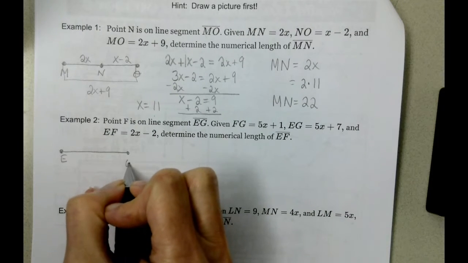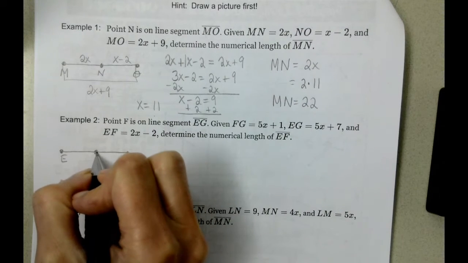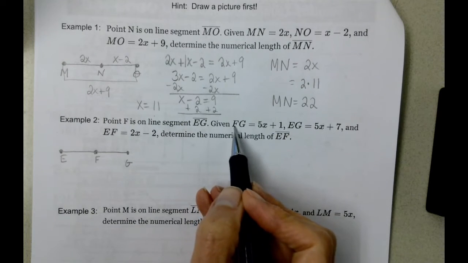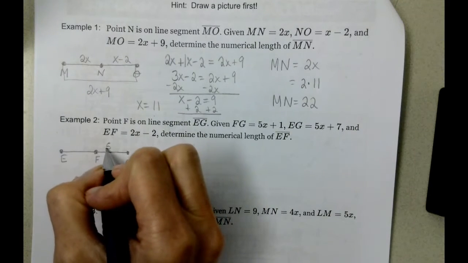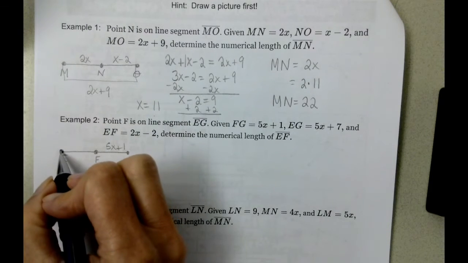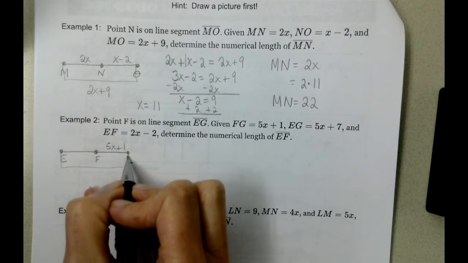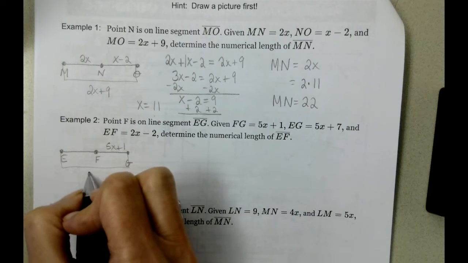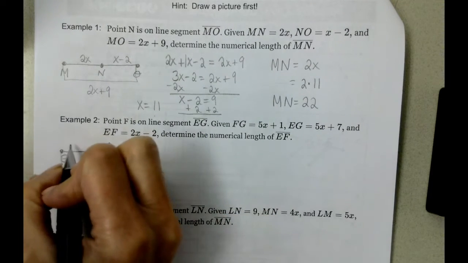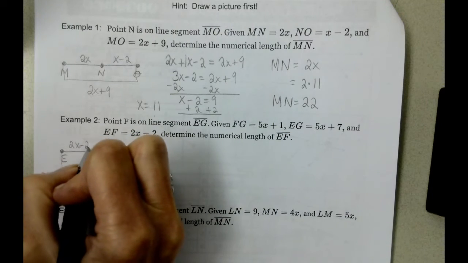EG, and then point F is on that segment. Again, not drawn to scale, but what we know is that FG is 5x plus 1. EG, which is the entire length, is 5x plus 7, and EF is 2x minus 2.